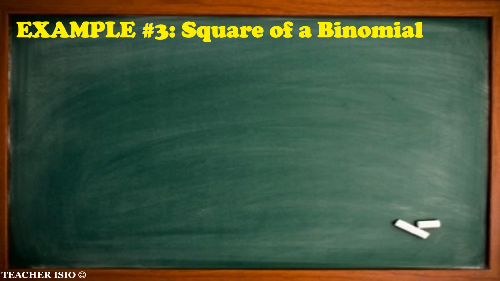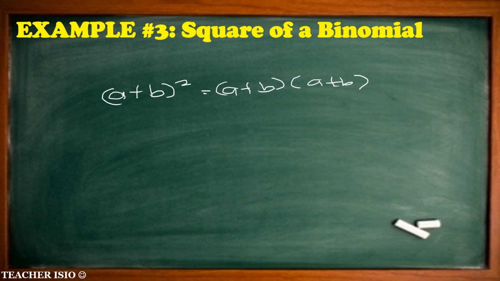So now, let's have example number 3. So, we have square of a binomial. So, when it comes to square of a binomial, ibig sabihin, we're going to multiply binomial to itself. So for example, if we have a plus b squared. So this is the same as a plus b times a plus b.